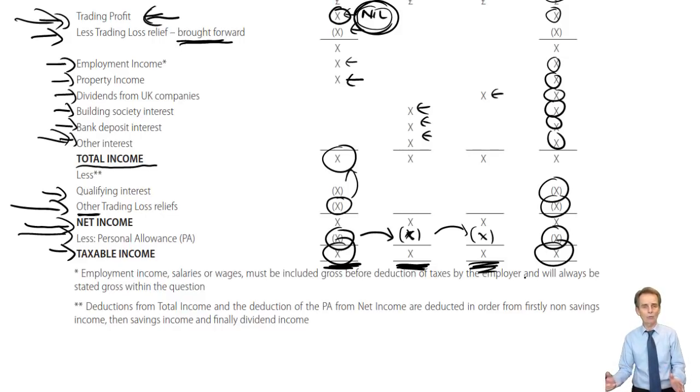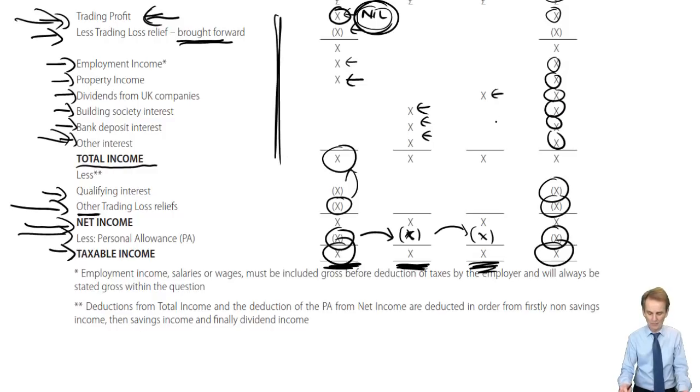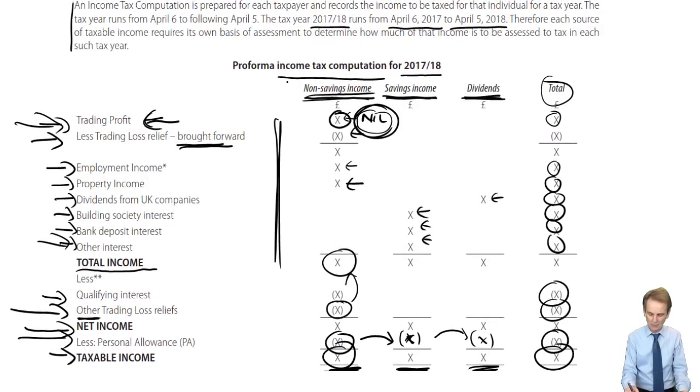As we come to each source of income, we'll deal with the basis of assessment, as to how we relate all of these different sources of income to the income tax computation for this year, the 17-18 tax year. Not only do we have the total, but we have, in order from left to right across the page, non-savings, followed by savings, followed by dividend income.